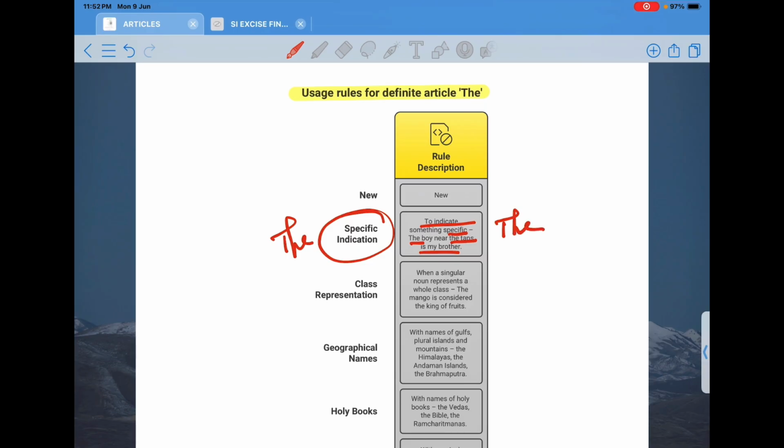Then when you represent a class, as a common, for example, the mango is considered the king of fruits, here mango is a class, so in that case also we will use "the".